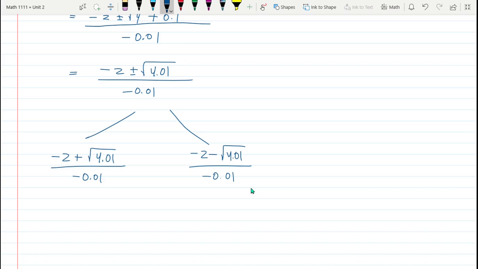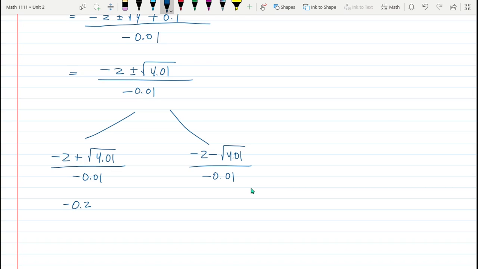So on the first answer we get negative 0.2. What does it say? Round to the nearest foot. So find the horizontal distance to the nearest foot. So this is negative 0.2, so I'm going to say 0. We'll just leave it at that for now.